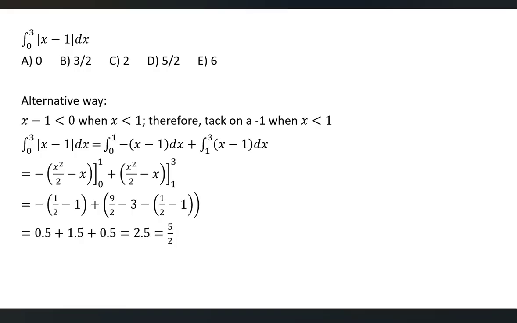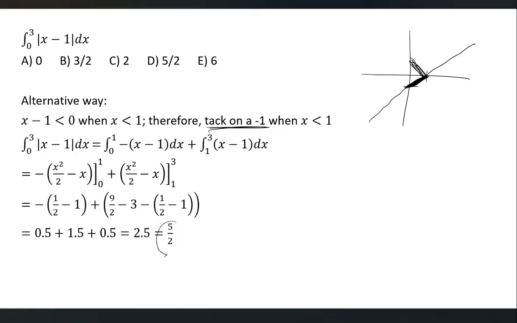Therefore, we want to tack on the negative 1 when x is less than 1, okay? So how does x minus 1 look? There's a y-intercept at negative 1, and there's a slope of 1, right? The x-intercept is at 1 as well, at 1 comma 0. Okay, so this portion right here is negative. So we need to flip it to positive. That's why we tack on this negative 1 over here, okay?